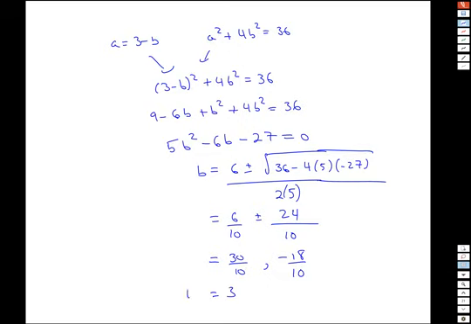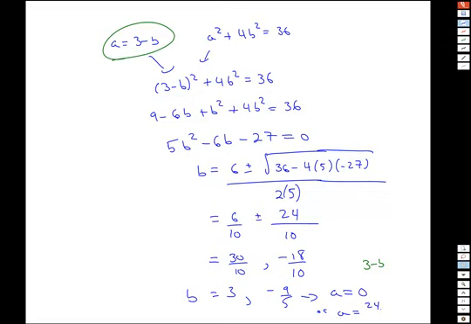That's our 3, and the minus 9/5, however you want to do it. Then we can get our a value from the earlier equation, a equals 3 minus b. So a is going to be 0, or a equals 3 minus b. Is that right? Negative, yeah, okay. 3 plus 9 over 5.